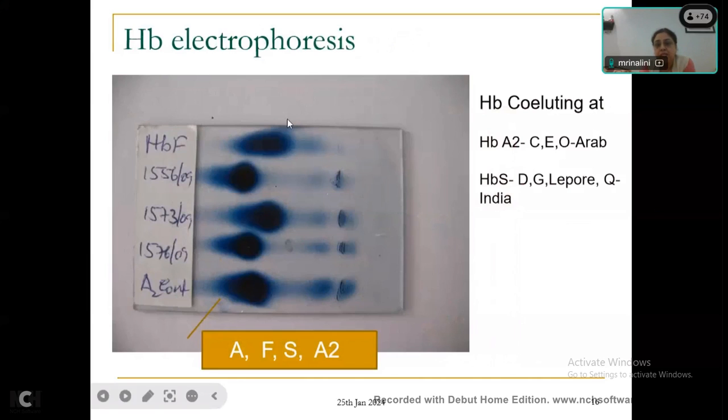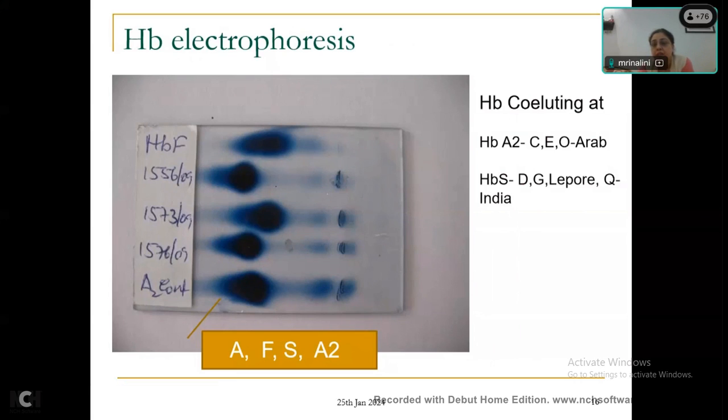This is the positive HbF control, and you see that HbF stops slightly before HbA. This is the hemoglobin electrophoresis of a normal person with very little A2. This is a case of beta thalassemia trait in which you get a prominent A2 band, and that we put as a control. So when we interpret HbA2, we see it in reference to this control.